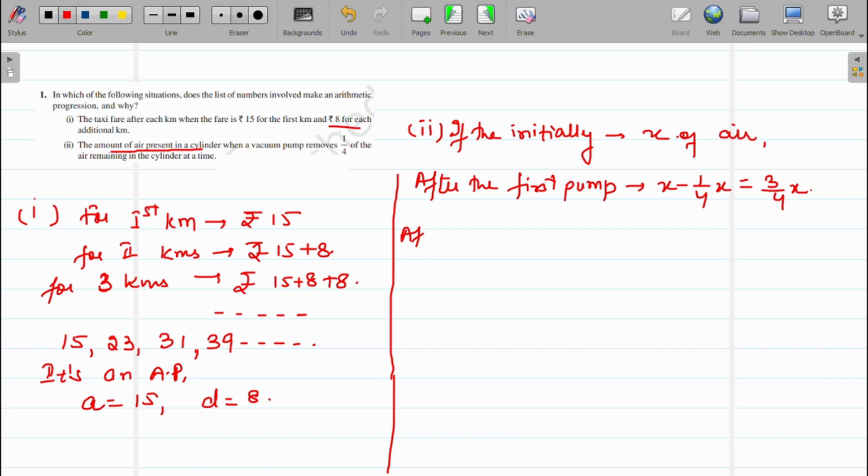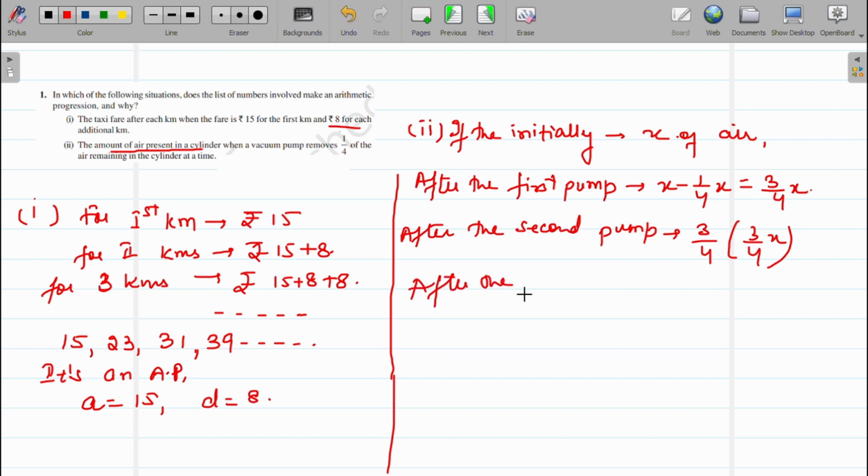After the second pump, we will have 3/4 of 3/4 X remaining, right? Similarly, after the third pump, we will have 3/4 of 3/4 into 3/4 of X remaining, and so on.